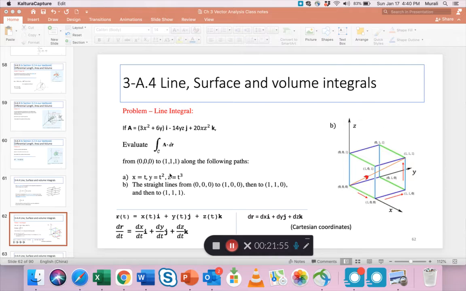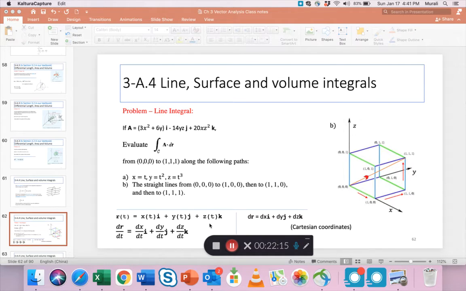I haven't done that, but we don't need to know the exact shape. All we know is that by using these parametric equations, we can still solve the problem, knowing that we have to go from here to here. So how do we solve these two sections, A and B?